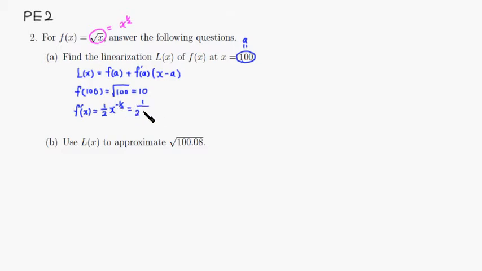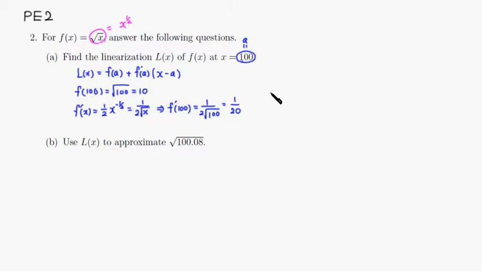Negative power means the x is on the bottom, and 1/2 power is square root. So we can find f prime of a, which is f prime of 100, which is 1 over 2 times square root of 100. So that's just going to be 1 over 20.